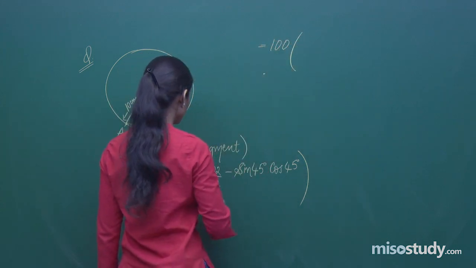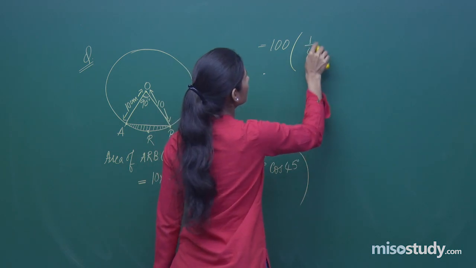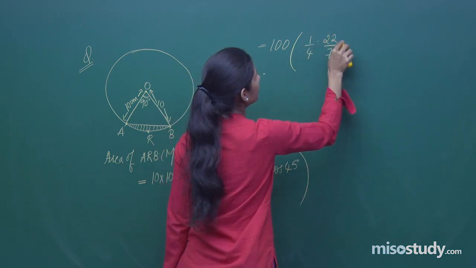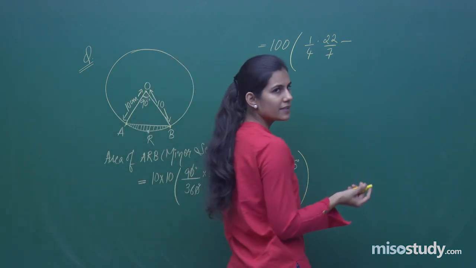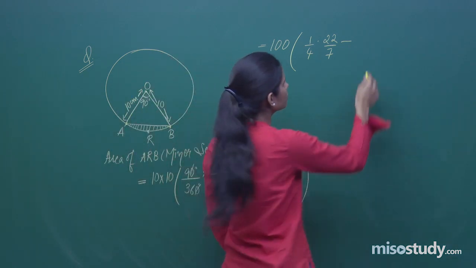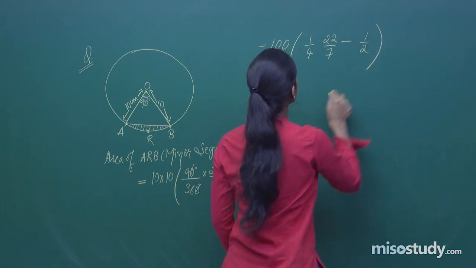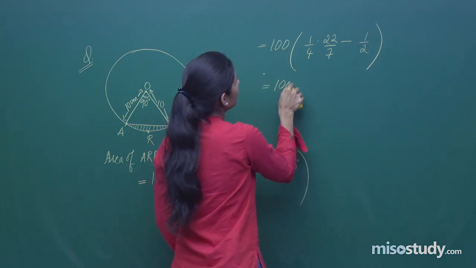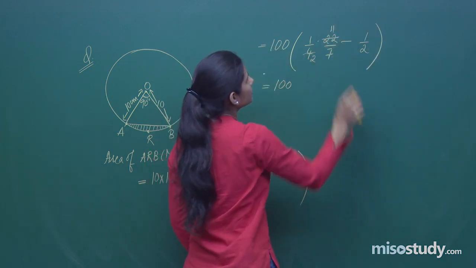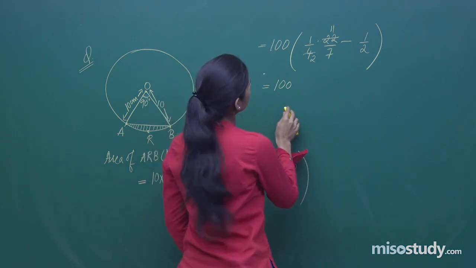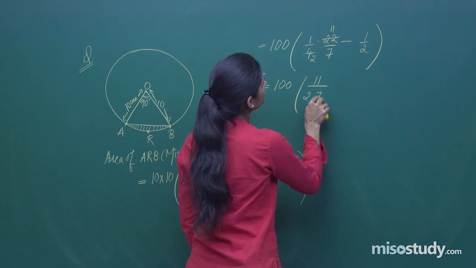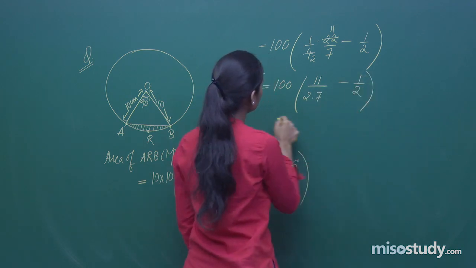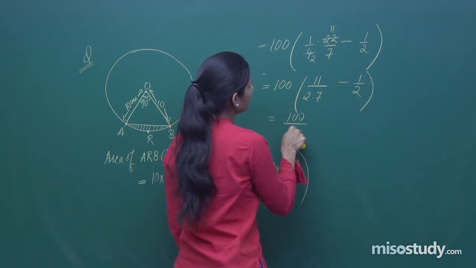This cancels out. You have 1 by 4 into 22 by 7 minus 1 by root 2 into 1 by root 2, because sine 45 is 1 by root 2, cos 45 is 1 by root 2, which gives you 1 by 2. So you have 100. Here you get this. So you have 11 by 2 into 7 minus 1 by 2. Again 1 by 2 comes out.